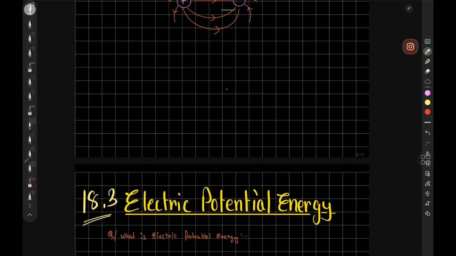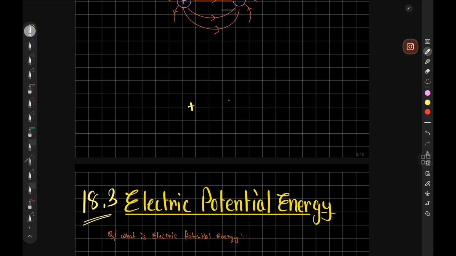However, with charges, by the way, it's a bit different. There can be repulsive force and there can be attractive forces. So if you already know a small key to this, that is, attractive forces always give you negative potential energy and repulsive forces always give you positive potential energy. If you don't know, that's fine, but that is a short way to remember what's happening in case of charges.